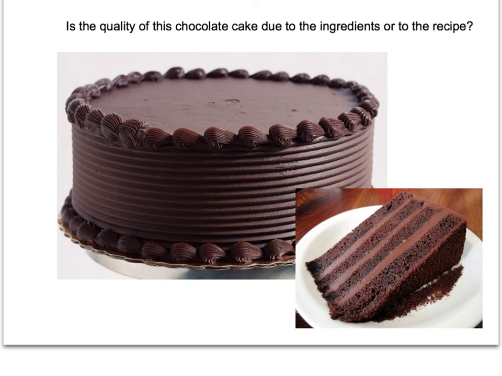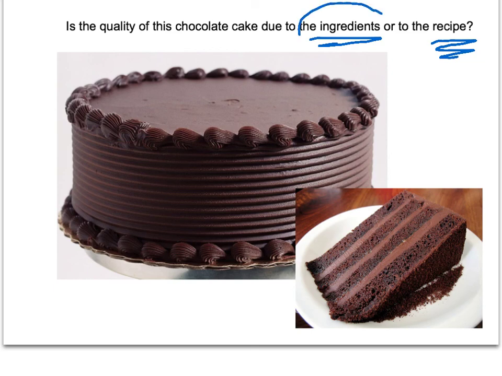This idea of the chocolate cake analogy is about the quality of this cake. If you were to take a slice of this beautiful cake and eat it and say, wow, this is a great cake, and somebody would say, is the quality of that cake due to the ingredients, or is it due to the recipe? This is a metaphor. What are they talking about?